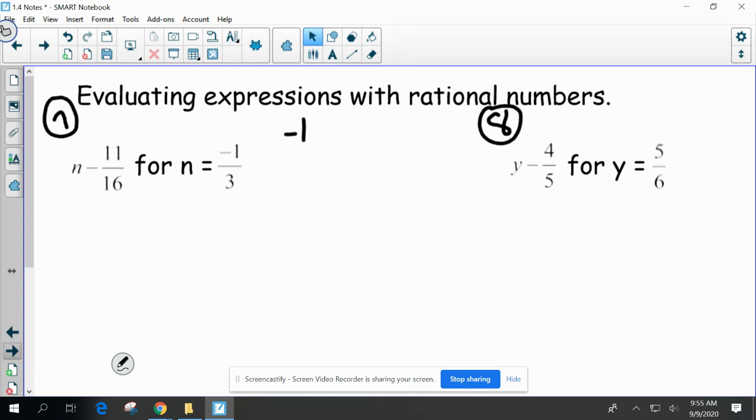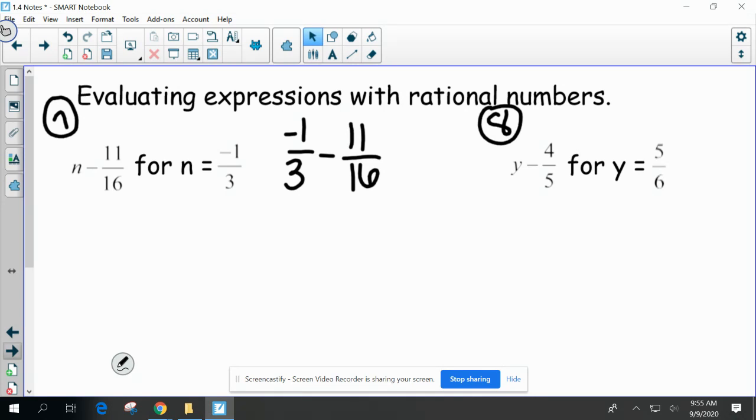So -1/3 minus 11/16. So I would need to get a common denominator. So I know my multiples of 3. I wouldn't start with your multiples of 3 because those should be really quick facts for you. I would start with my multiples of 16.